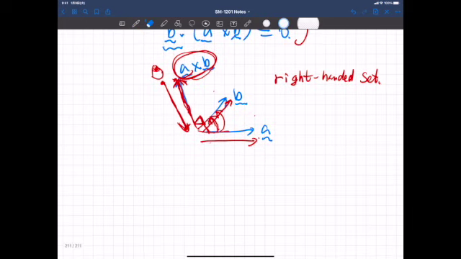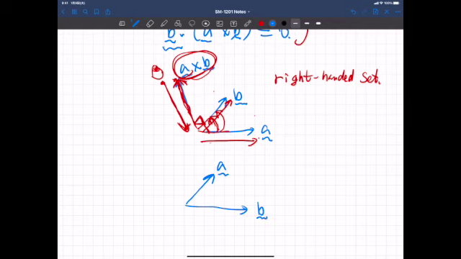So if you have vectors like A and B, in this case the direction of A cross B is this direction. Still it's perpendicular to both A and B. You see? You point this direction using your pointing finger, with your middle finger, then the thumb is pointing this direction.